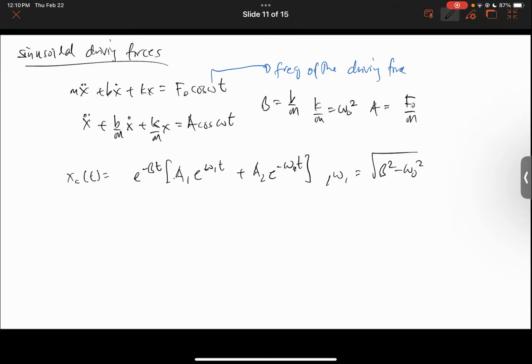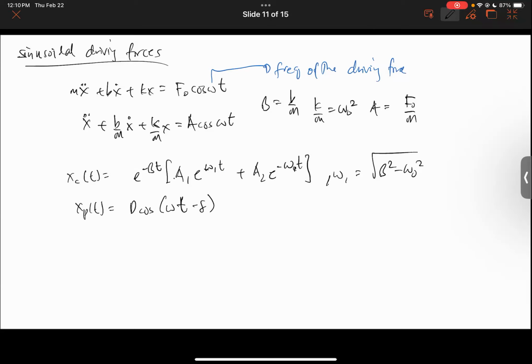Okay, then for the particular solution, ang ginagawa natin is nag-assume tayo ng solution which has the same form as the driving force. So we have x pt, okay, equals to d cosine omega t minus delta. Okay, and if we do that, we substitute xpt dun sa ating differential equation.